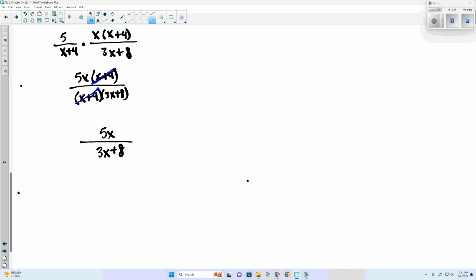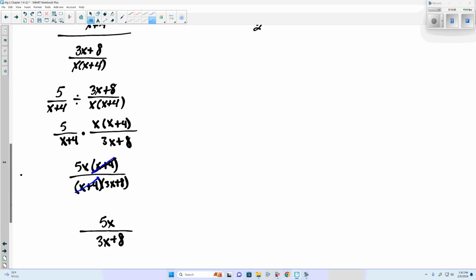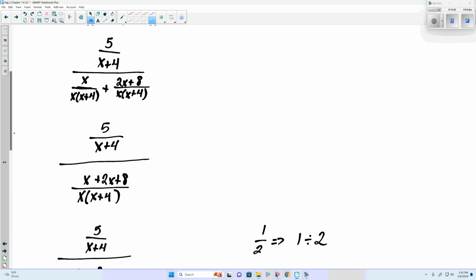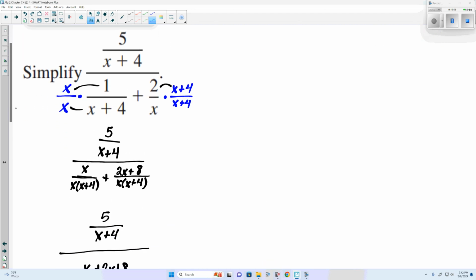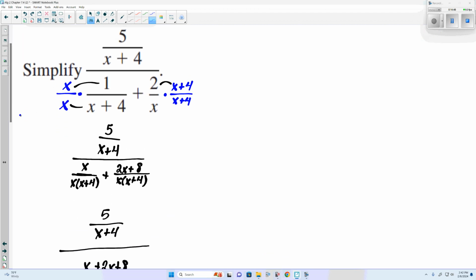So our final answer is 5x over 3x plus 8. Questions on this here? Not too bad of a method, a little bit tedious, yes? We ready for the next problem?